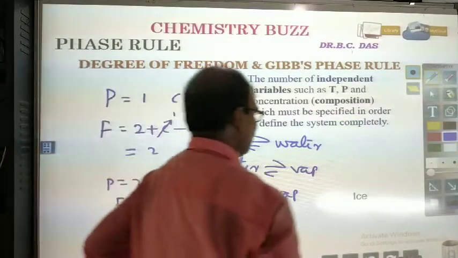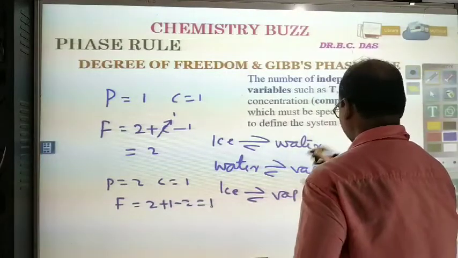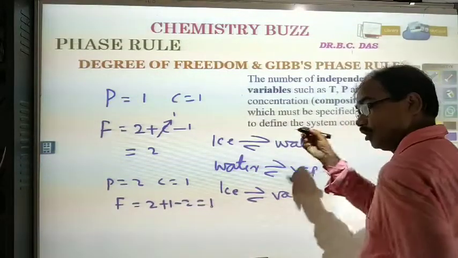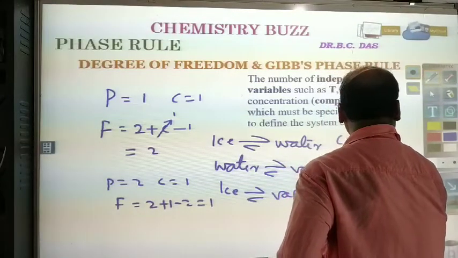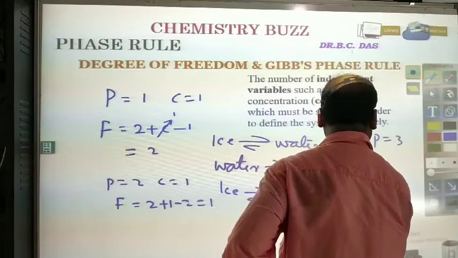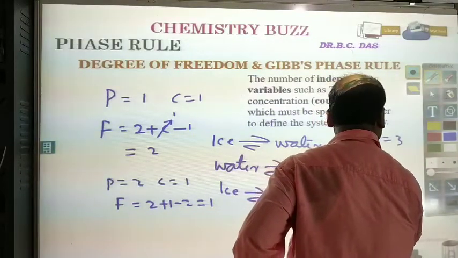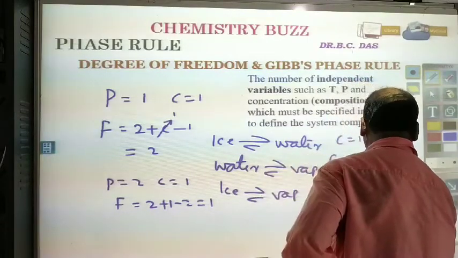So degree of freedom is 1. Again, when the three phases are in equilibrium, that is the triple point. So C is equal to 1, P is equal to 3. So F is equal to 2 plus 1 minus 3 is equal to 0.